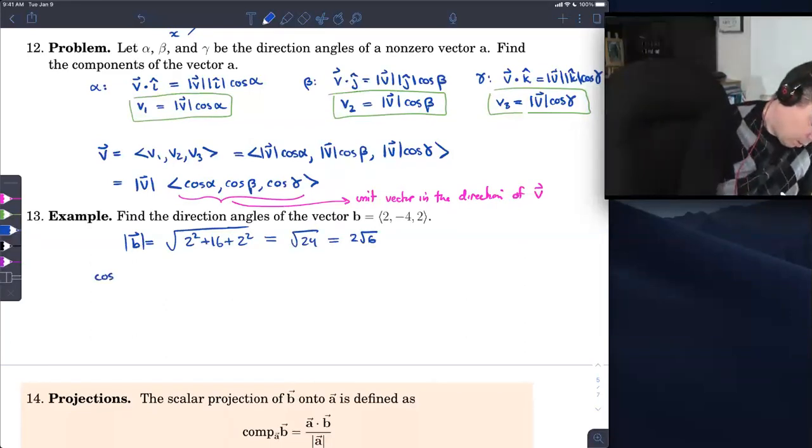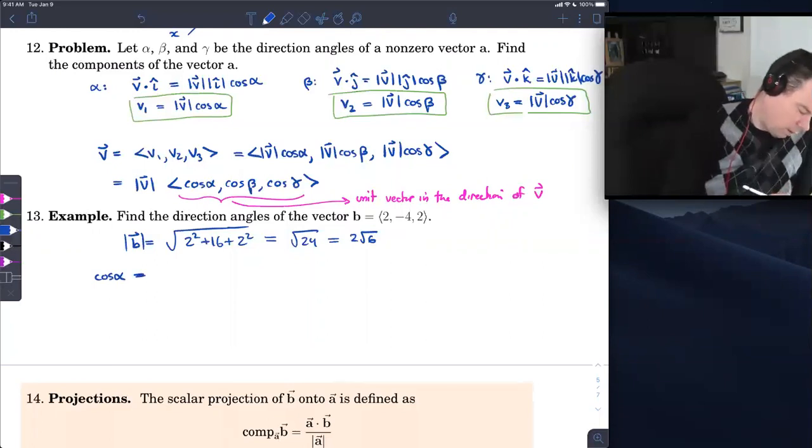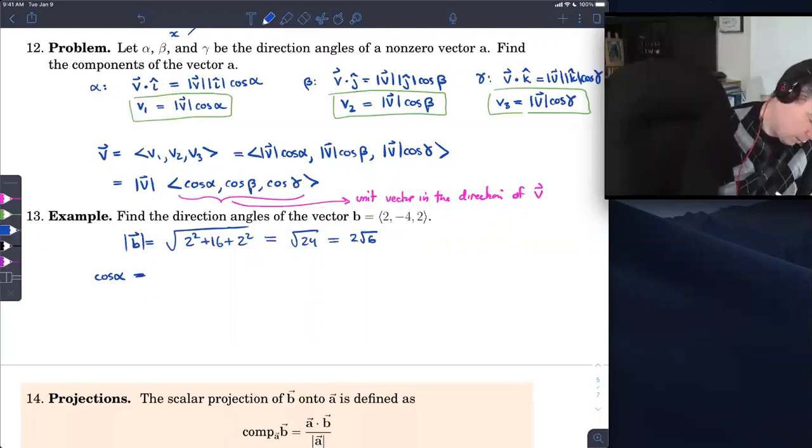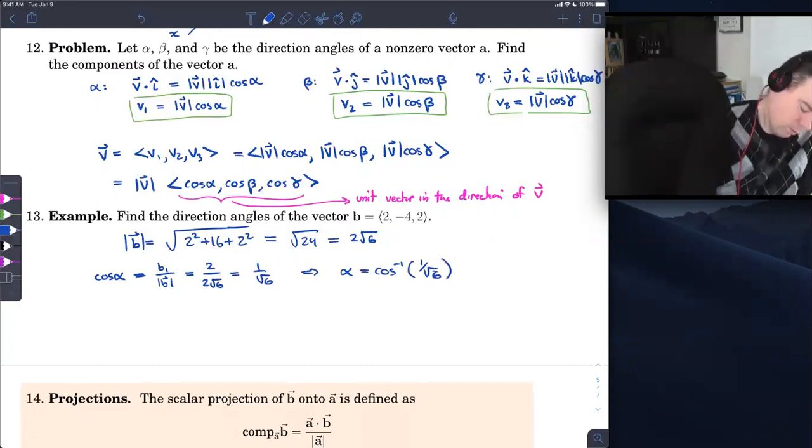And then we have that cosine of the first direction angle is going to be b1 over the magnitude of b, or 2 over 2 root 6, or in other words, 1 over root 6, which means that theta is equal to arc cosine of 1 over root 6.